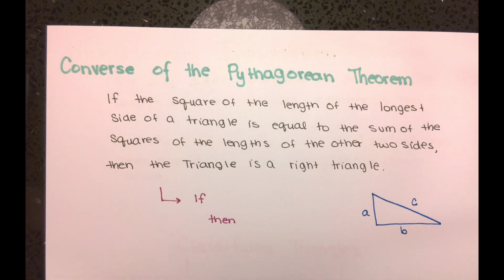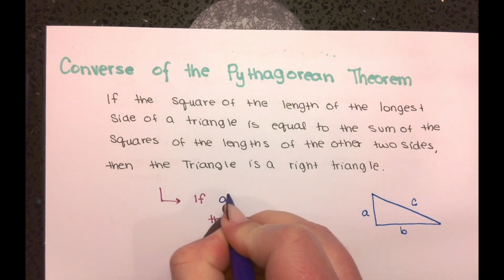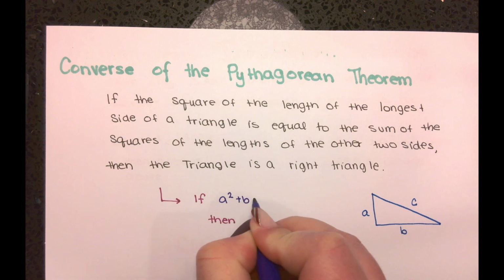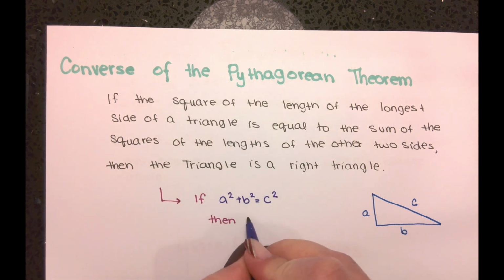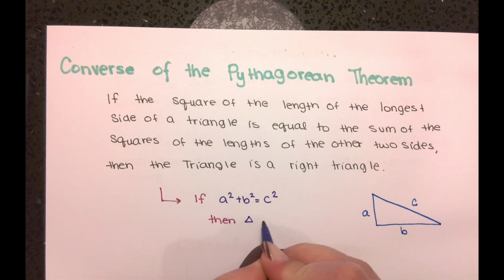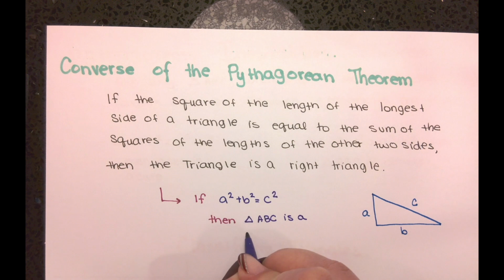Okay, what does that mean? That means that if a squared plus b squared equals c squared, then the triangle ABC is a right triangle.